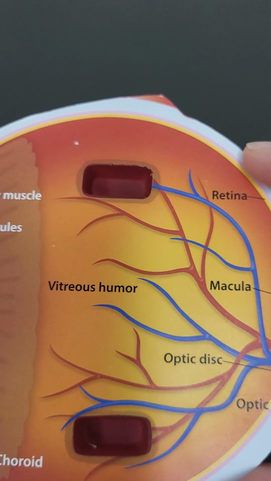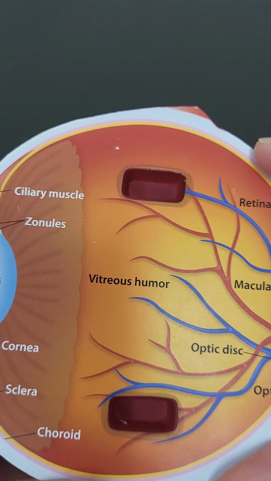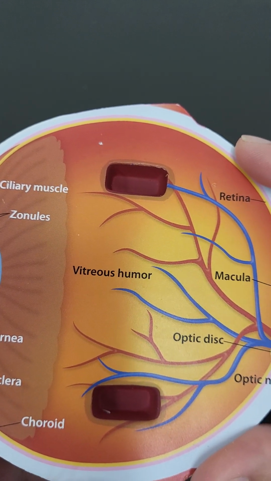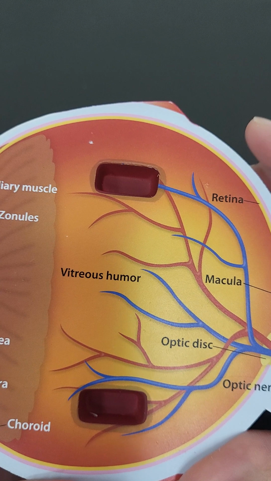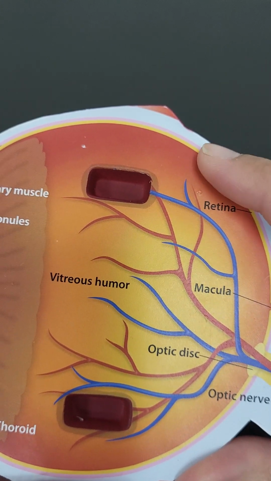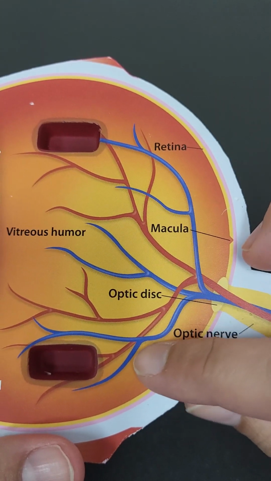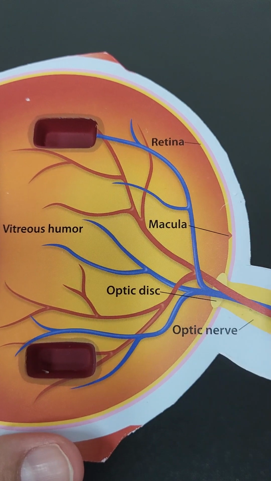So for me, as my condition is a degenerative retinal disorder, kind of like macular degeneration, a lot of my rods and cones no longer work. They're just kind of dead.